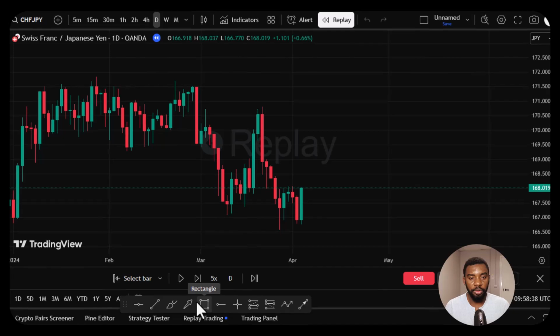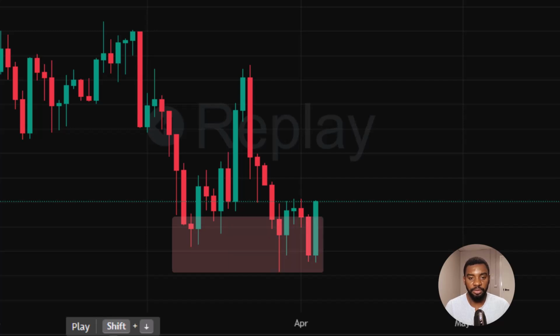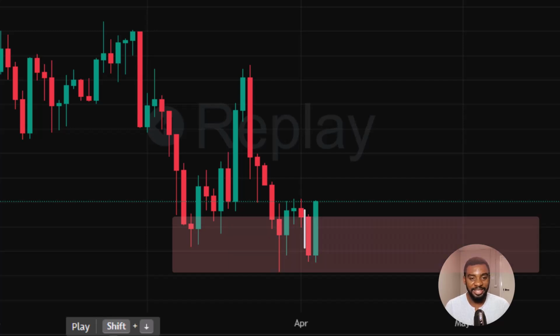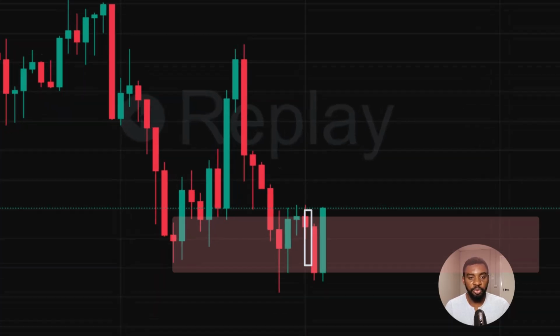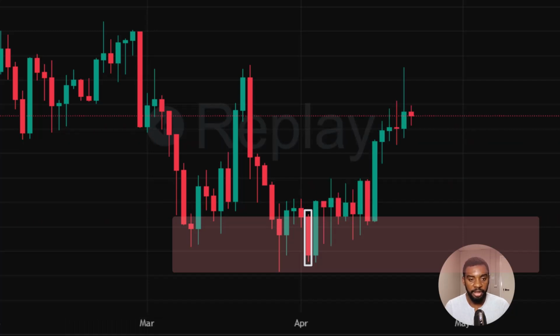An order block is a chart zone where big institutions placed significant orders. It often appears as the last opposite direction candle before a strong move. For example, a bullish order block is typically the last down bearish candle before a big rally.